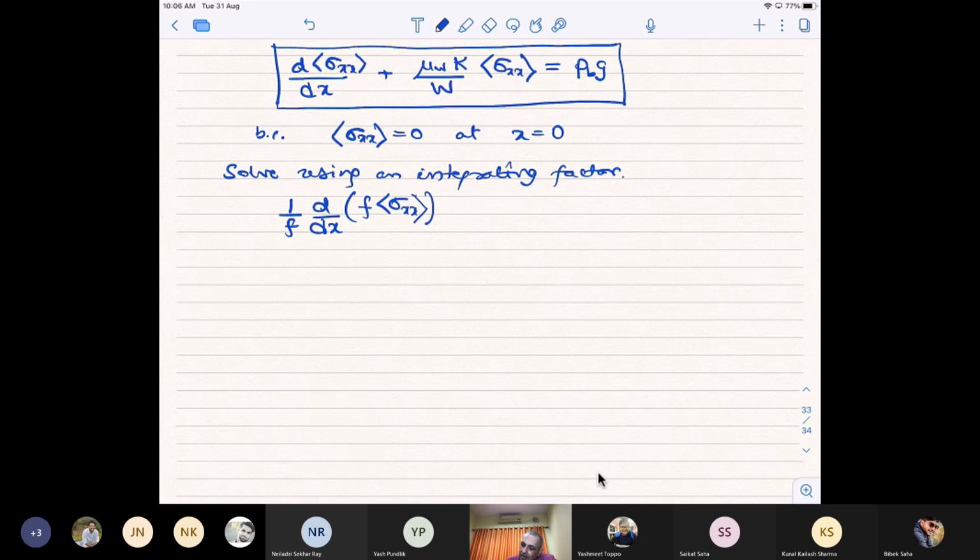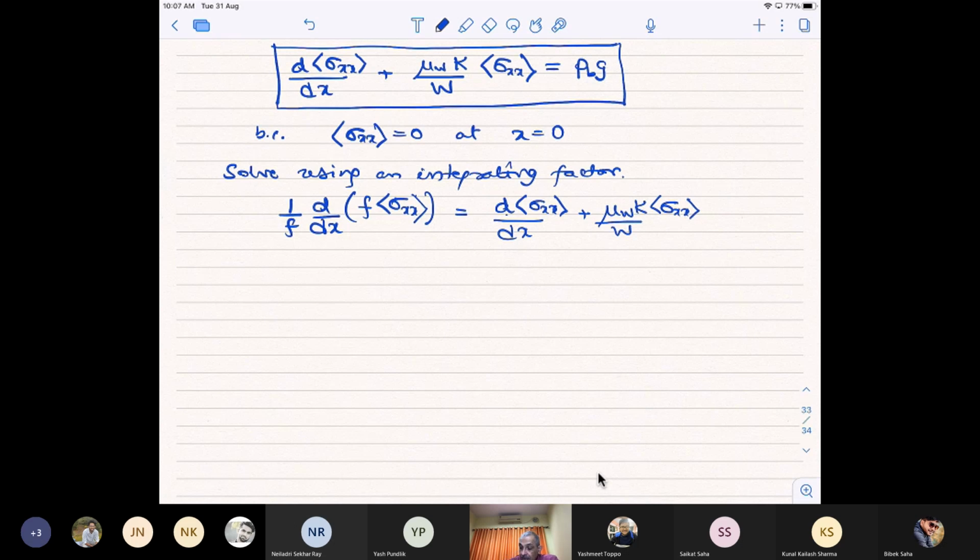I don't know what f is, but I can find out by saying that I want f such that when I open out the left hand side, I get the right hand side.